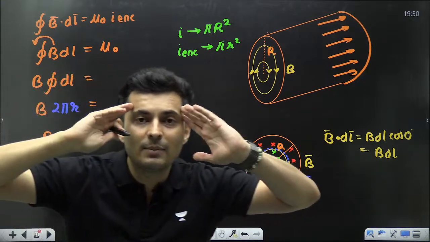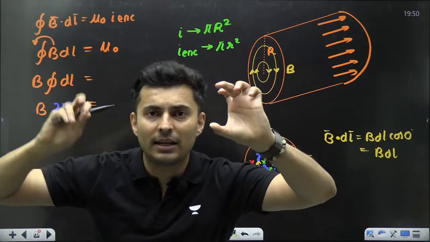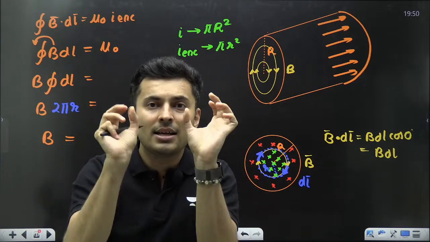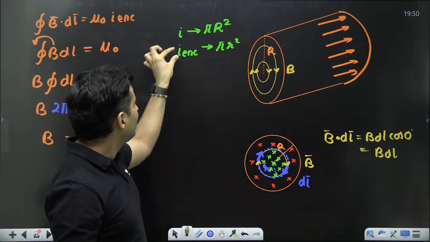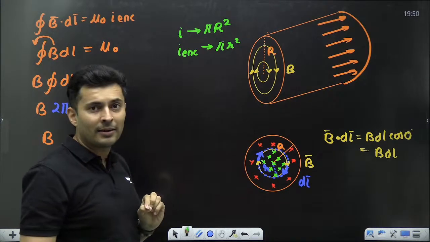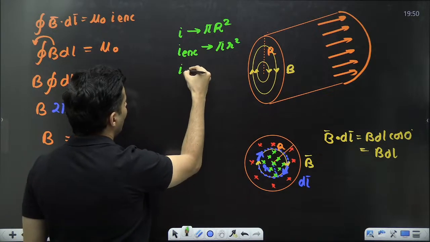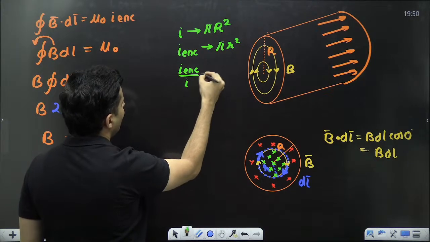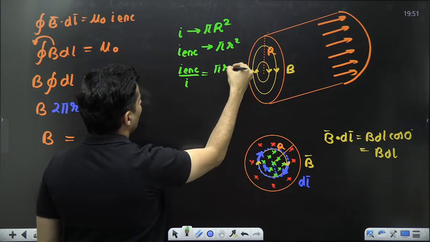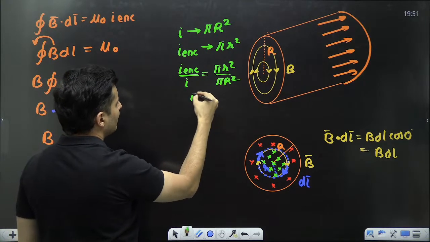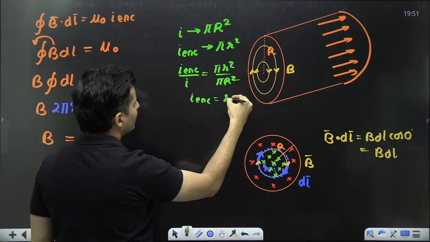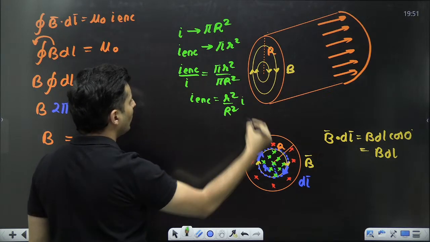Current per unit area will be the same, right? Whether I take this part, that part, whole part, small part, current per unit area will be the same. Total current was on pi r square. This current was on pi small r square. So can I not say I enclosed by I will be pi small r square by pi capital R square? Both pi cancel, so I enclosed should be small r square by capital R square into I.